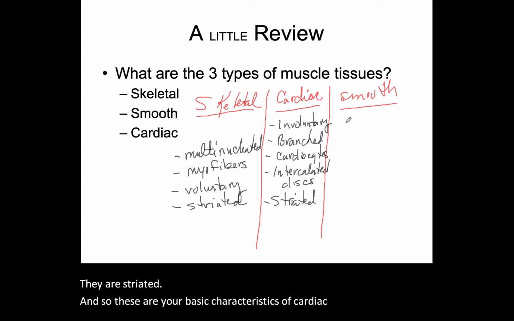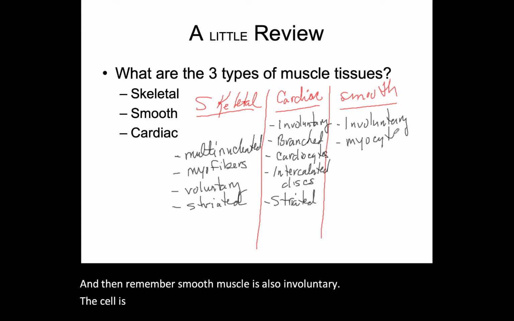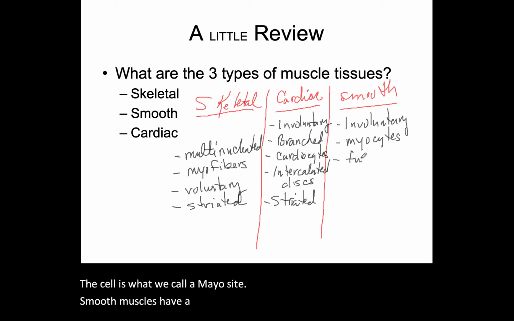And then remember, smooth muscle is also involuntary. The cell is what we call a myocyte. Smooth muscles have a shape that is referred to as fusiform.